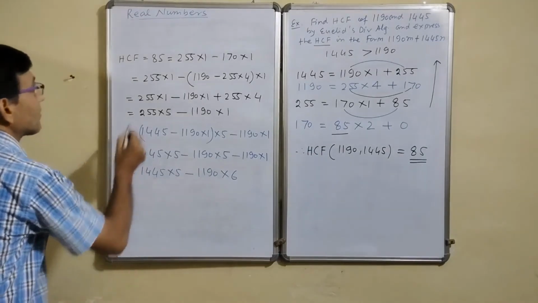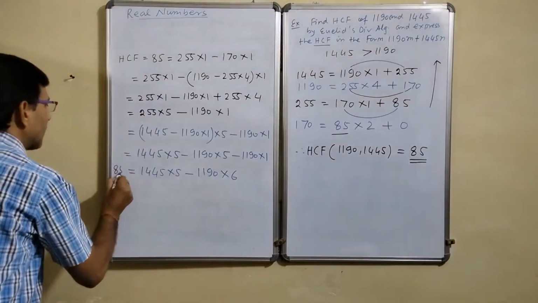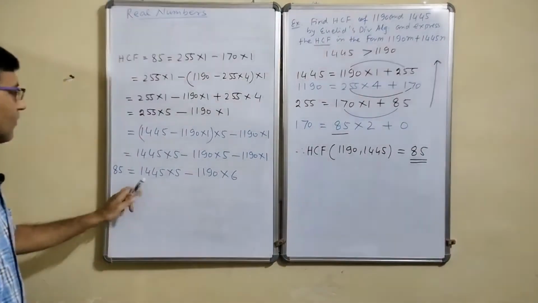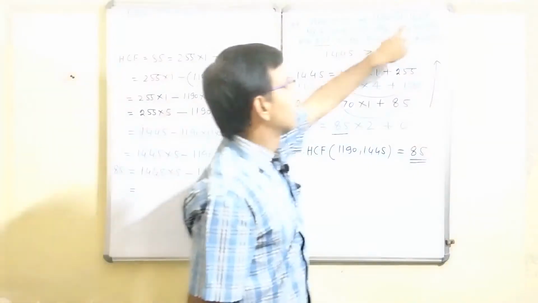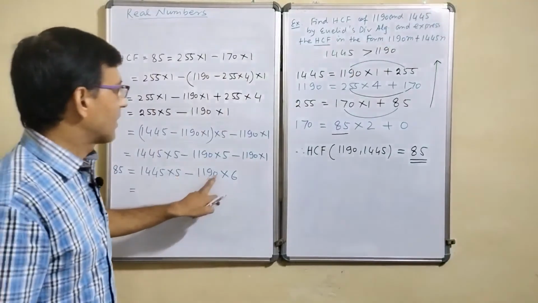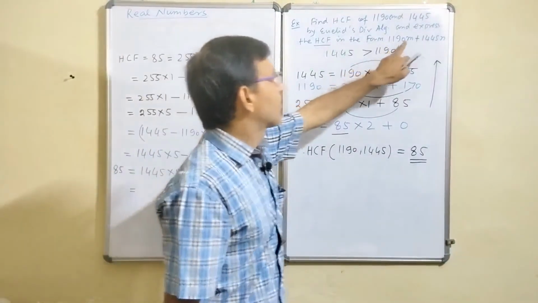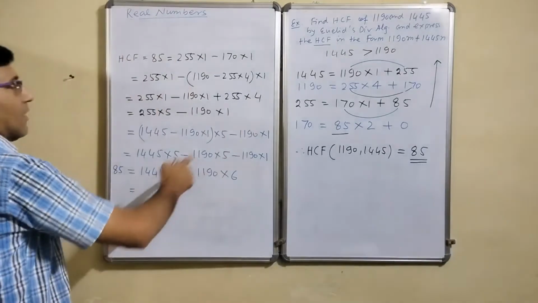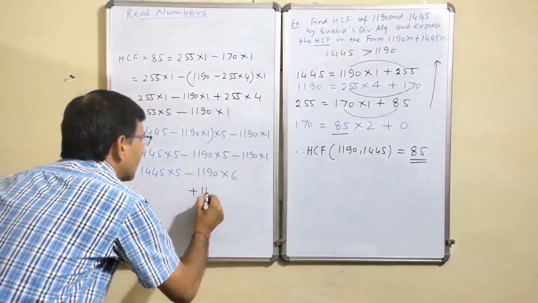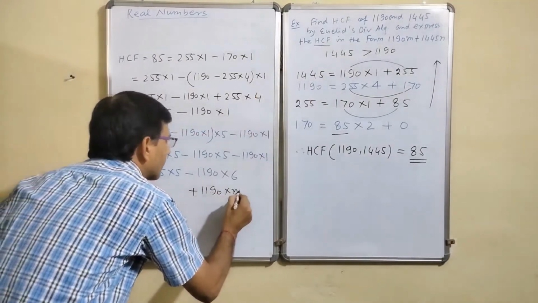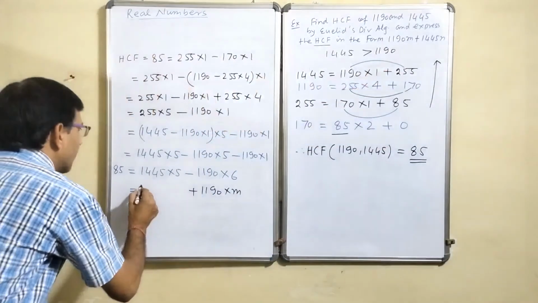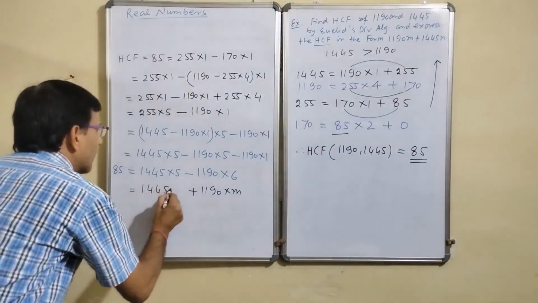So SCF is 85. So 85 can be written as, we have original numbers 1190 and 1445, 1445 into 5 minus 1190 into 6. Now express this as 1190 into m plus 1445 into n.